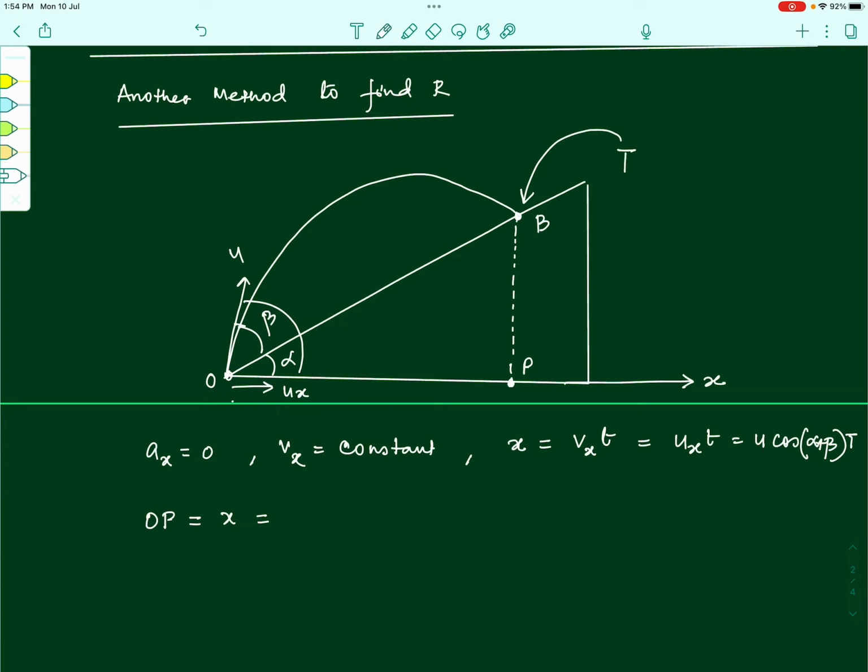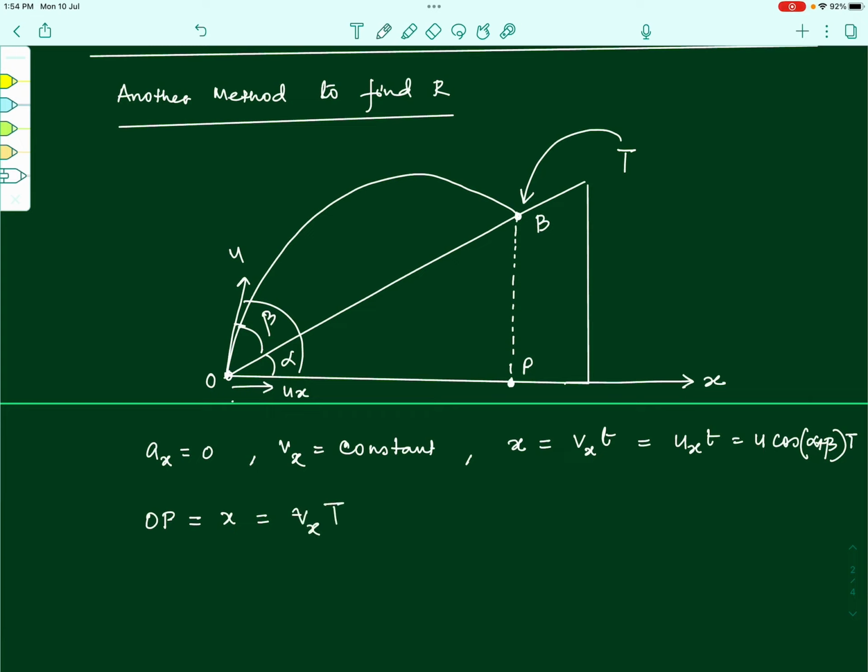And at that time, its x directional displacement was the length OP, right? So, can we say the length OP, which is the x directional displacement for the projectile's whole path, will be the velocity along the x-axis times capital T, the time of flight, right?